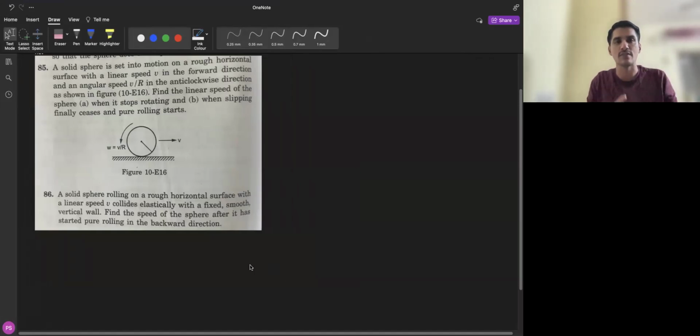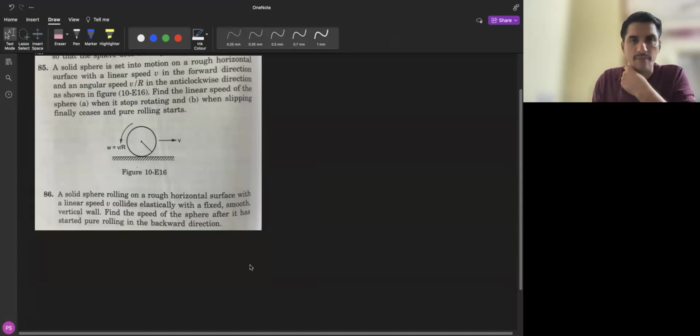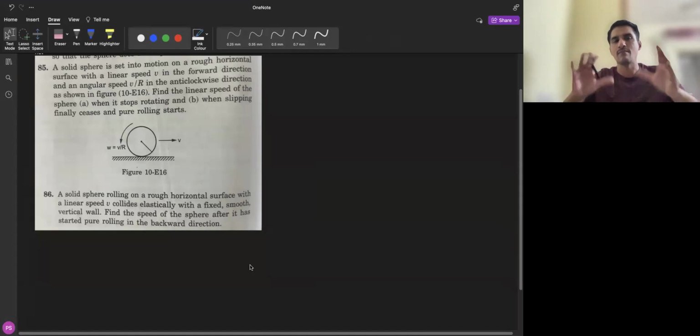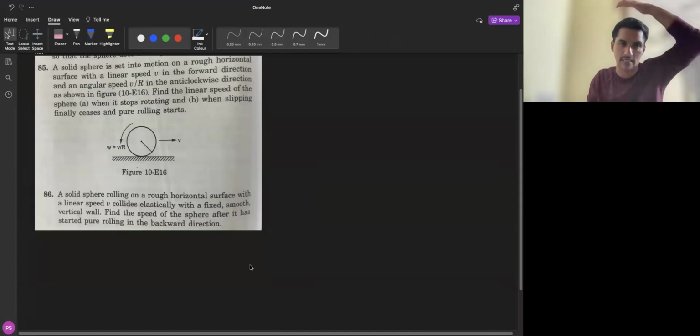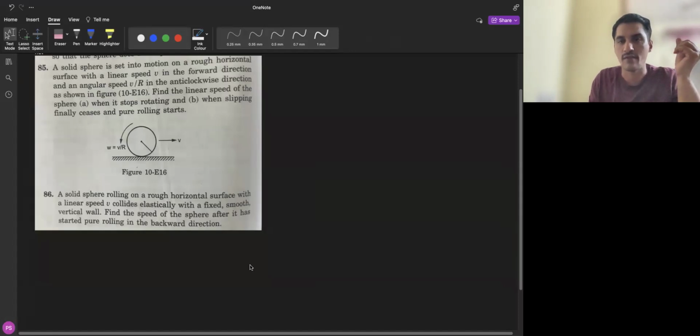Okay, now the same situation is there in the 85th question. The angular speed is nothing but v by r only. So what happens for some time due to the friction which is acting at the point of contact? Right, the friction is acting at the point of contact.